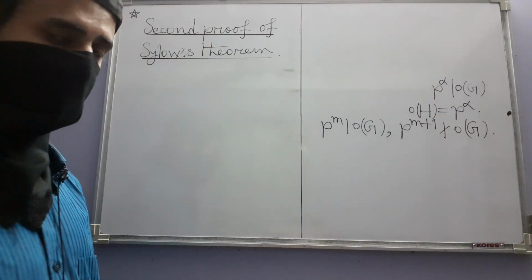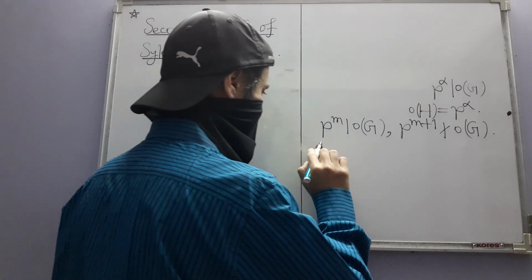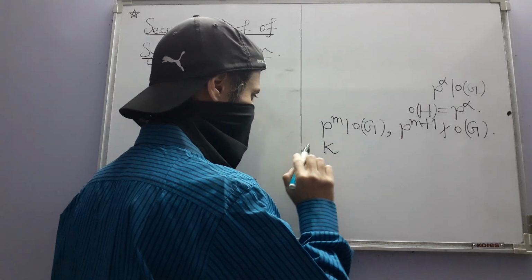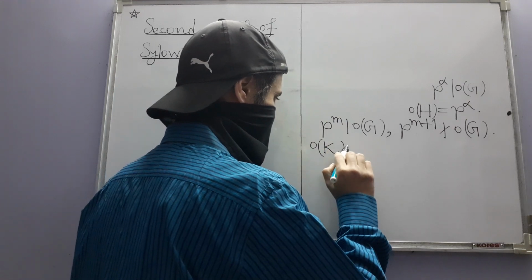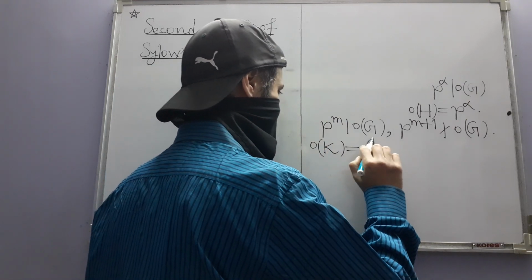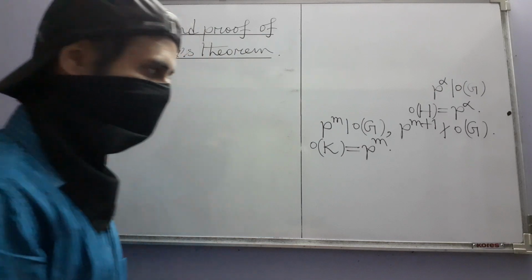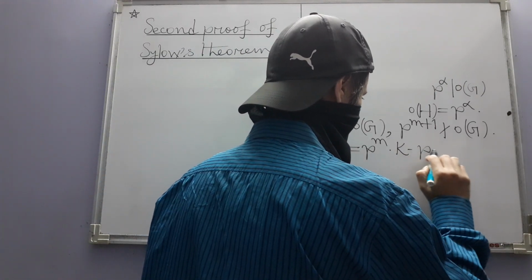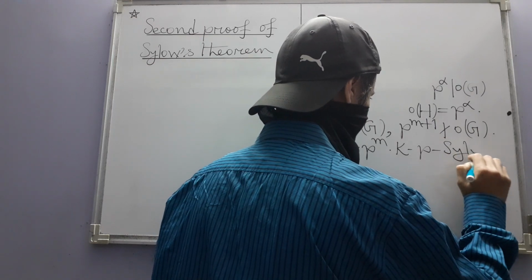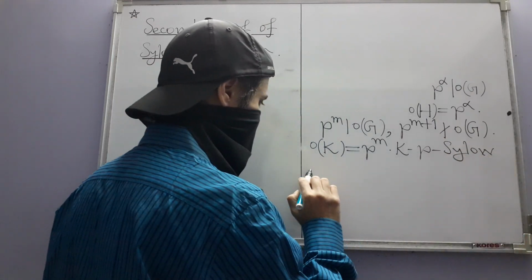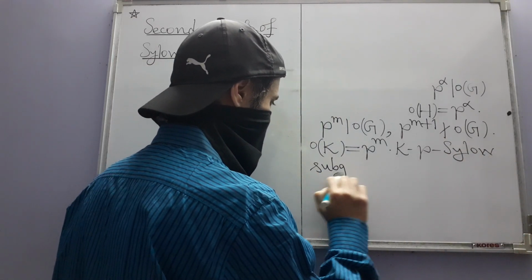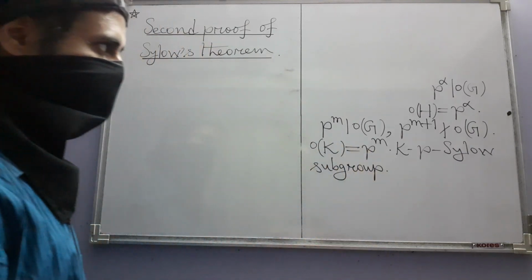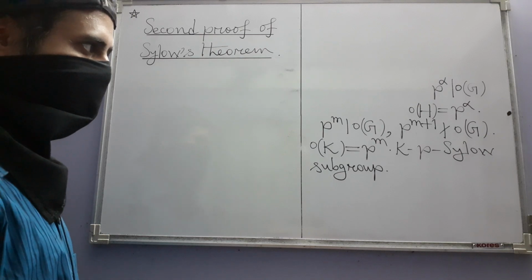In such a situation, a subgroup K of G is called a p-Sylow subgroup if its order is that largest power. So in this second proof, we are only going to show that G has a p-Sylow subgroup.